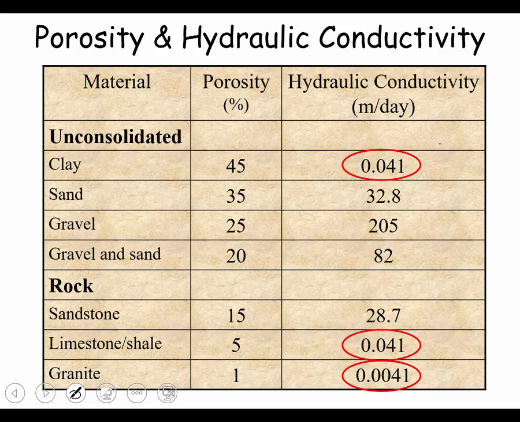So here are some numbers, and this is in meters per day. Look at this, 4 times 10 to the minus 3 for granite, 4 times 10 to the minus 2 for clay, 200 for gravel. So there's huge variation, orders of magnitude variation with respect to that constant of proportionality for the rate at which water will flow for a given slope of the energy gradient.